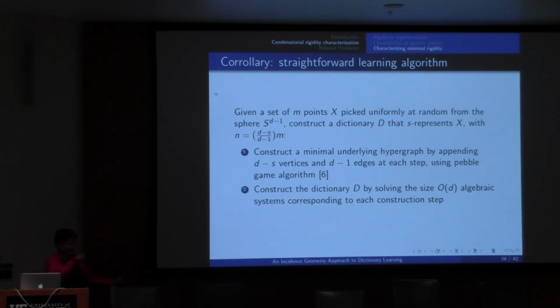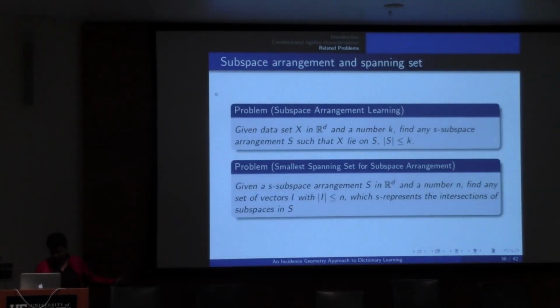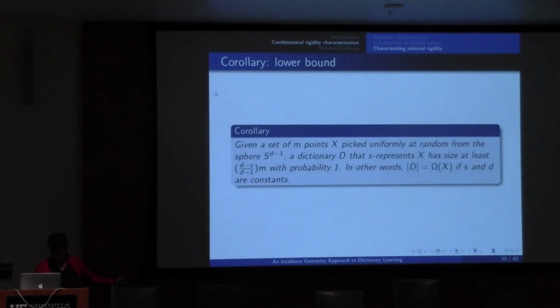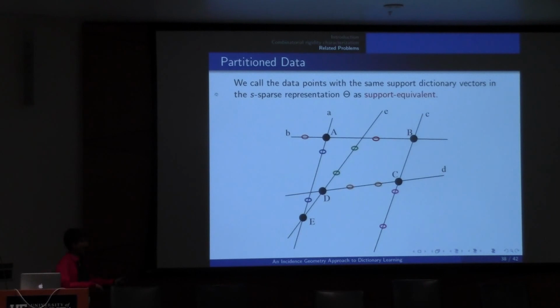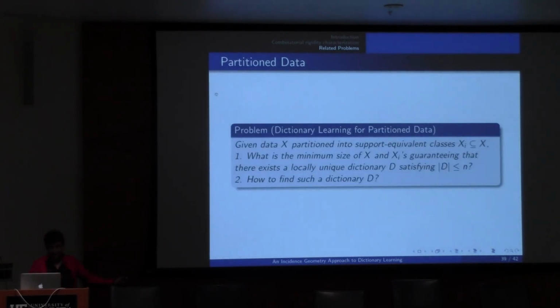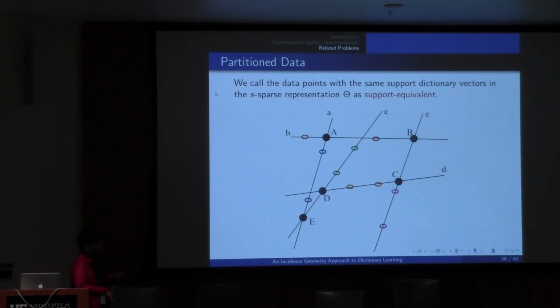And the new algorithm, which I didn't talk about, uses this idea of support equivalence, and that support equivalence is exactly built for this purpose. This algorithm also loosens the genericity condition, so you can have many points lying on the same subspaces, so it doesn't look random at all, right?